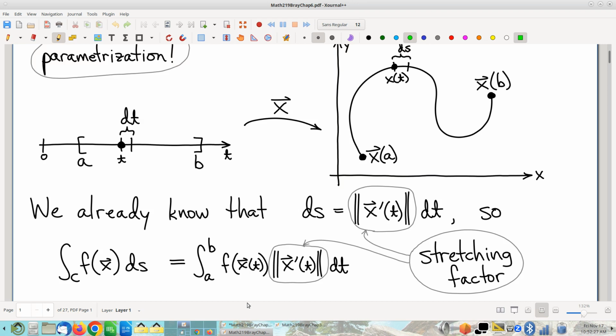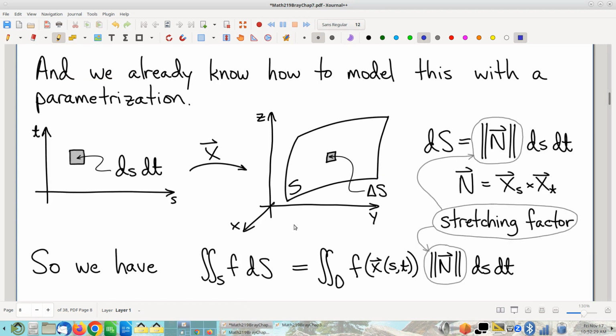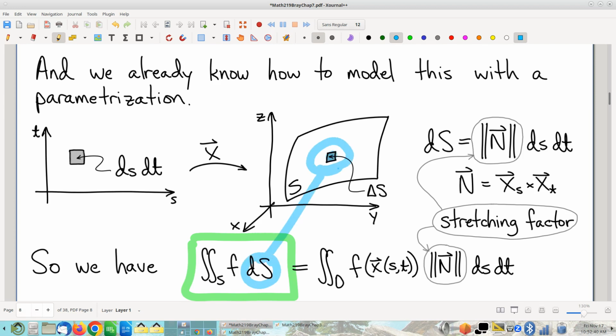So exactly the same thing is going to happen here for a scalar surface integral. Here it is, scalar surface integral. There are these little pieces of area here, ds, for which I already have formulas. A couple pages back, we talked about the area stretching factor, the proportion between the area of a piece coming out of our parametric surface versus the area that went in.